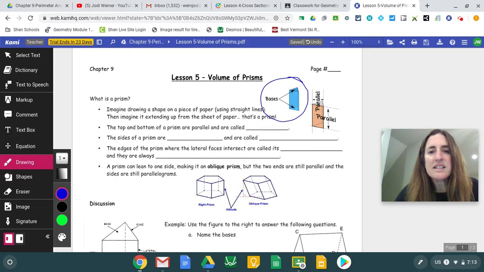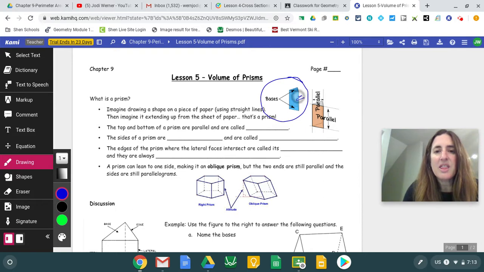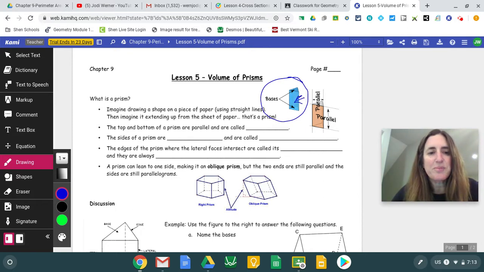Now the sides of the prism are parallelograms, and they are called the faces of the prism. The edges of the prism where the lateral faces intersect are called lateral edges. So where the parallelograms intersect, that point is going to be called the lateral edge. And they are always going to be parallel to each other.